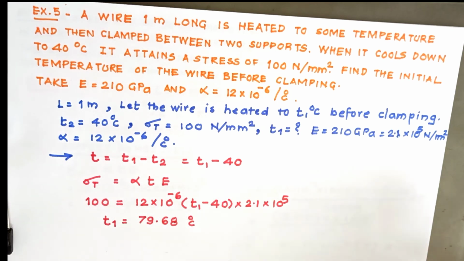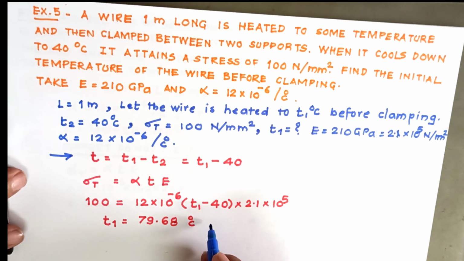Means first the wire is heated to 79.68 degrees, then it is clamped, and then its temperature is cooled to 40 degrees Celsius, and the stress induced is 100 Newton per mm square.